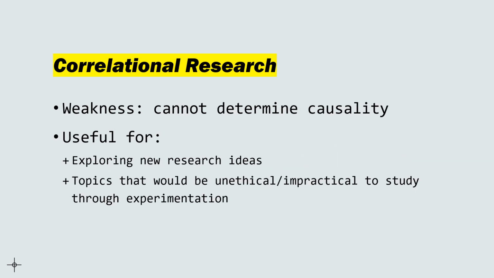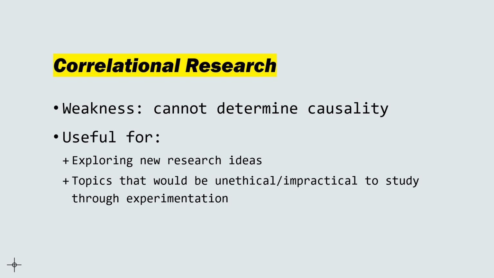Correlational research is probably the most common because it can be done with surveys, so it's pretty easy to do. But the biggest weakness with correlational research is that it cannot determine what's called causality. Ultimately, as a researcher, what I'm almost always interested in is what causes something. Does X cause Y? Does Y cause X? Does Z cause X?